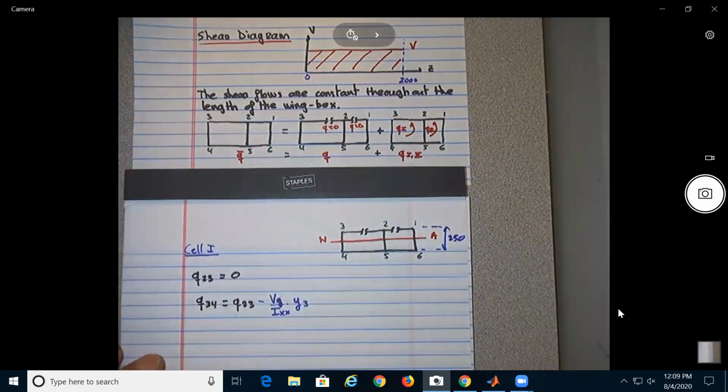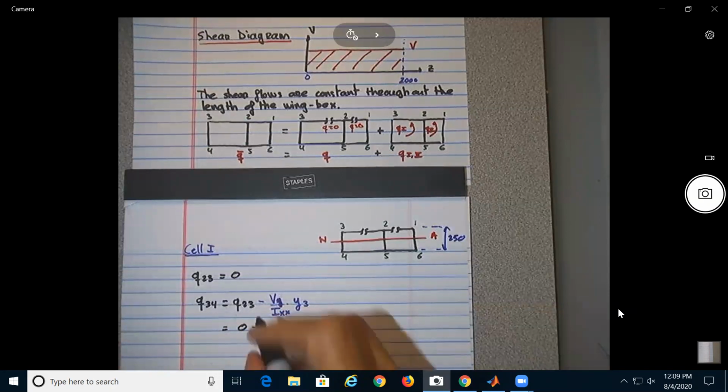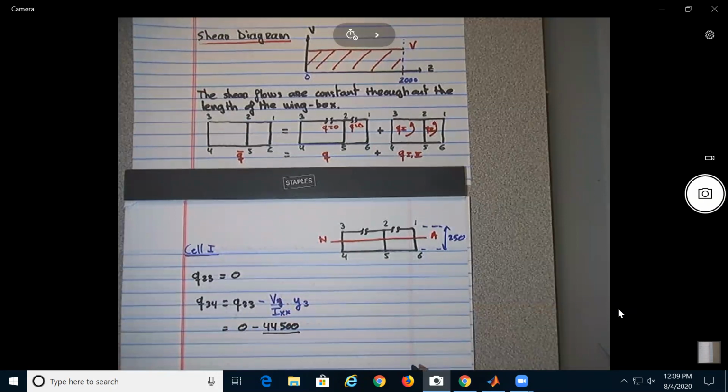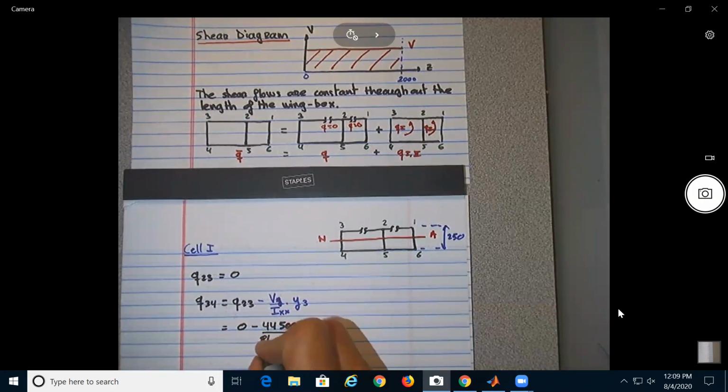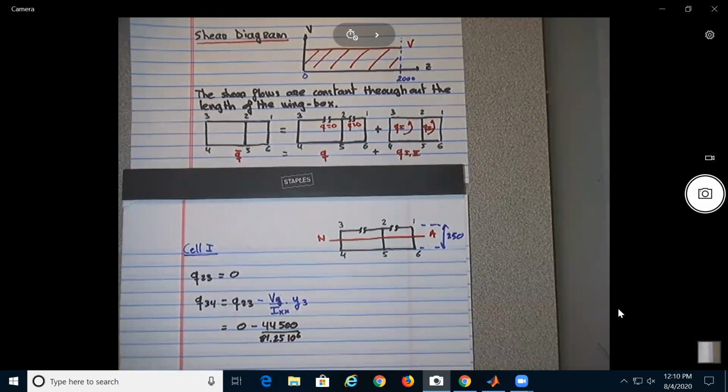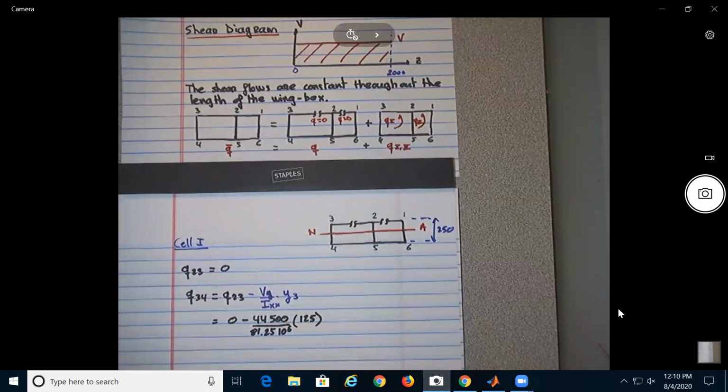Okay, so let's do the first one by hand if you want. So this one should be equal to what? 0 minus V, which is 44,500, divided by Ixx, which is 81.25 times 10 to the 6, times Y, which will be 125, positive 125 because it's on top, times positive 125, by the area, no?